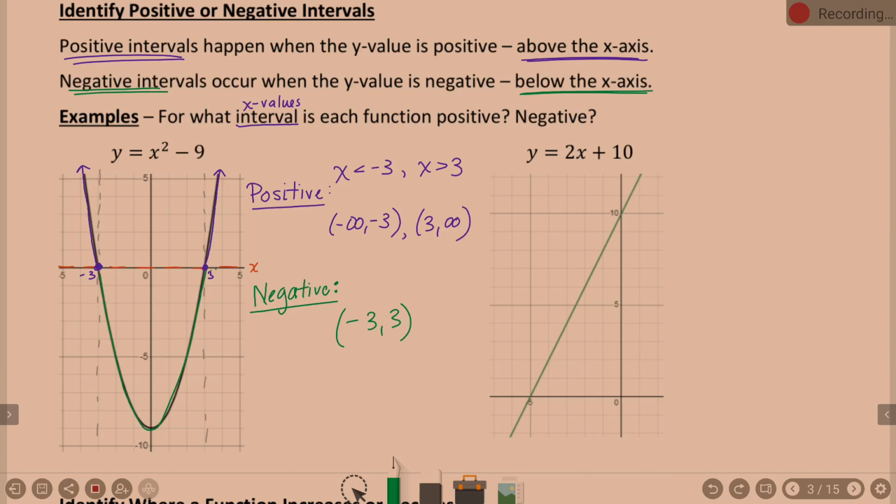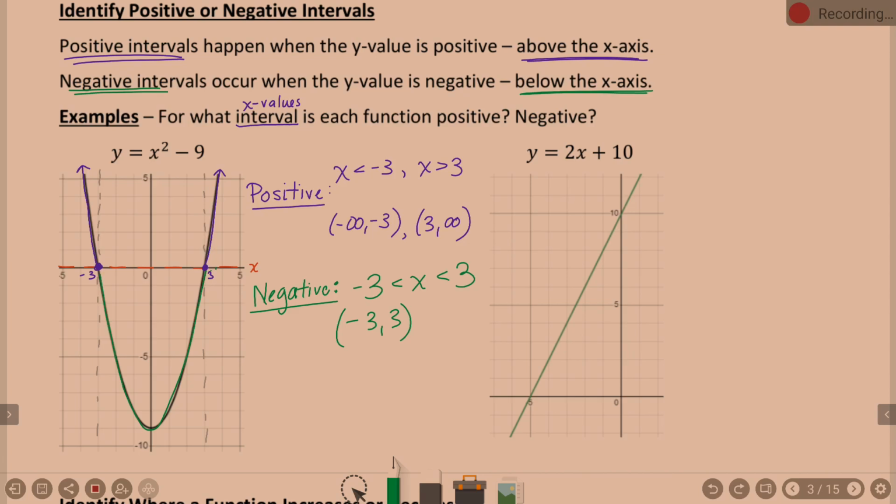Okay, so the compound inequality for that says you put the smaller number at the left, negative 3. You put the x in the middle. And you put the larger number at the right. And in between here, we're going to use less than signs.